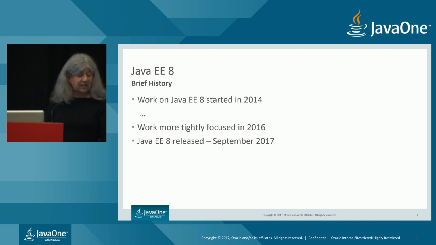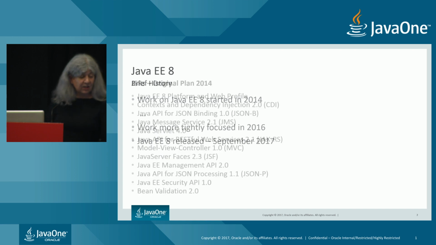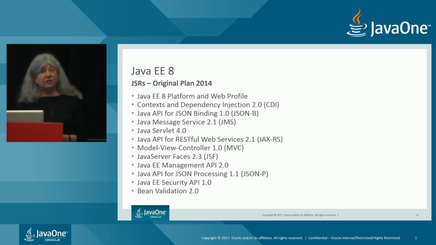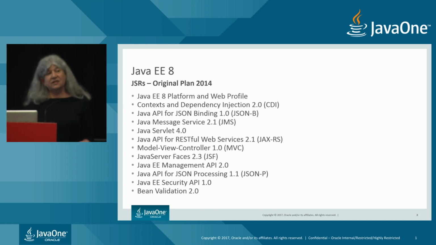So what we did was to try to focus on those items that we thought were the most important. So these were the original goals for Java EE8 in terms of the JSRs that we filed. But after we got underway, we realized that some of these were less important for new trends in the cloud and in microservices, and perhaps we should down prioritize on those.